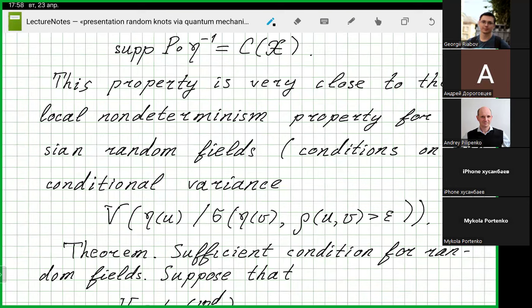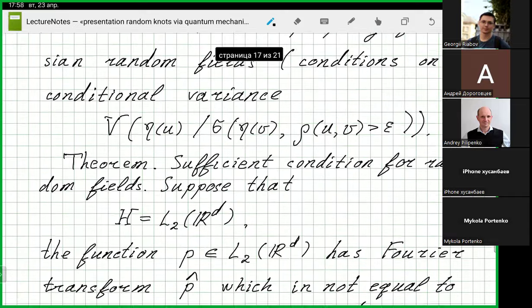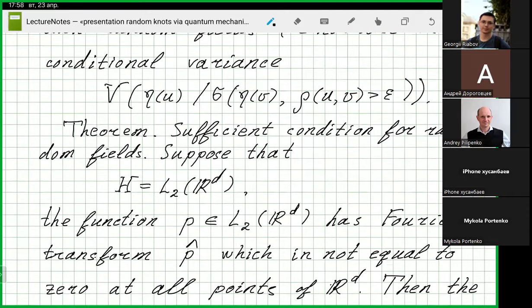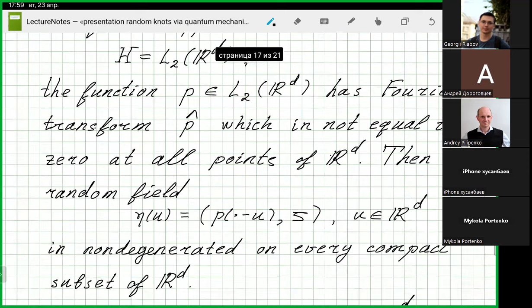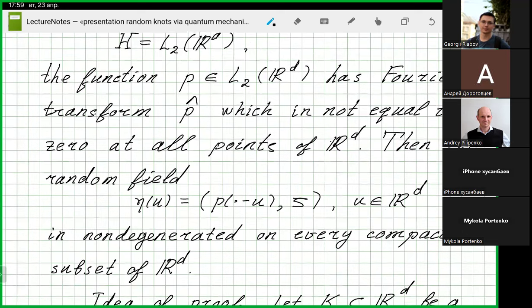random fields. Suppose that H is equal to L_2(R^d), and the function p belongs to L_2(R^d) and has a Fourier transform which is not equal to 0 at all points of R^d. Then consider the following random field: we take this p and move it over the space.